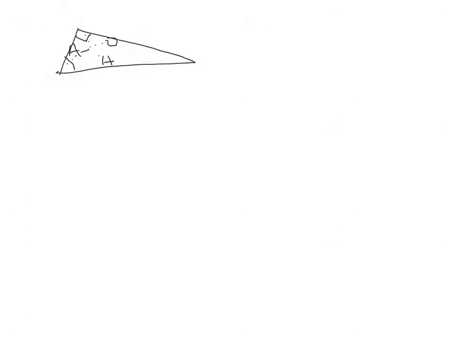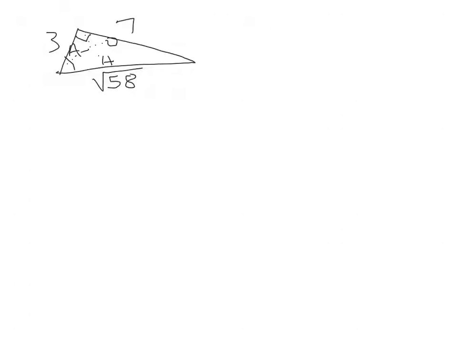Let's say for purposes of working with this that A has a measurement of 3 and O has a measurement of 7. Then using Pythagorean theorem, you would get square root of 58, which is the square root of 49 plus 9.